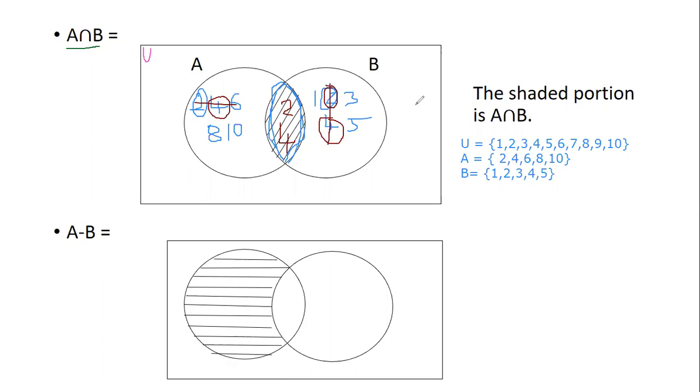But when I'm writing the elements of A, I'm supposed to add these common elements and write. So 2, 4, 6, 8, 10 will be my set A, and 1, 2, 3, 4, 5 will be my set B. Are you all able to understand?